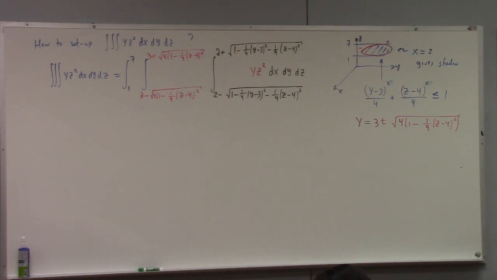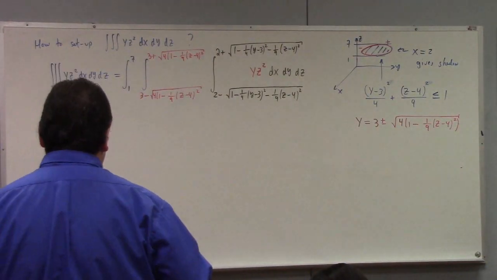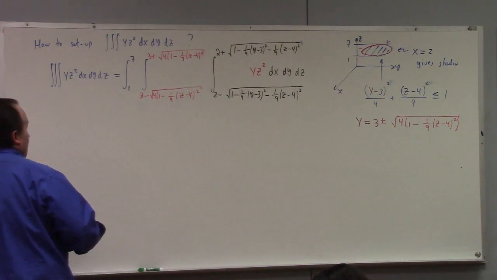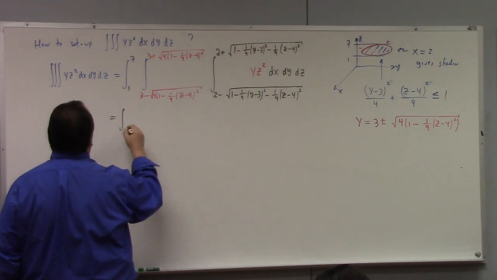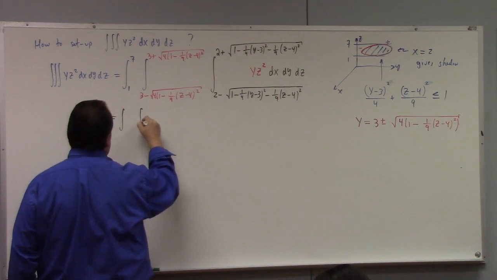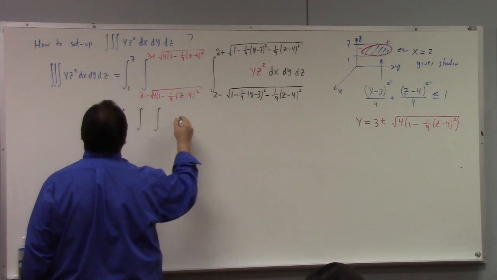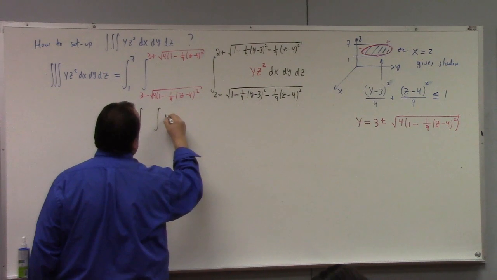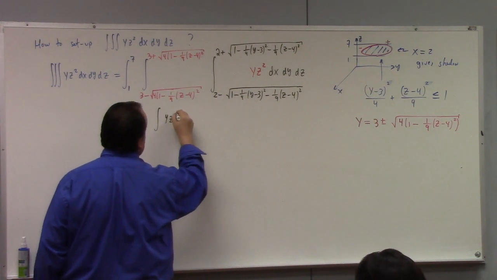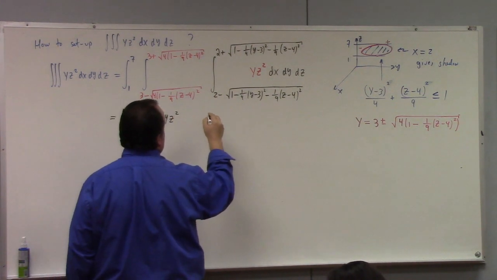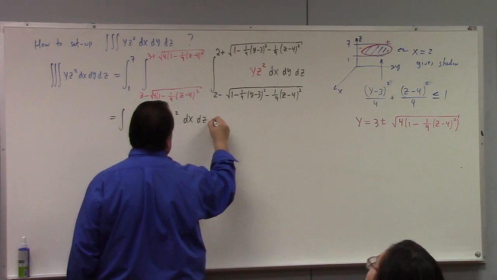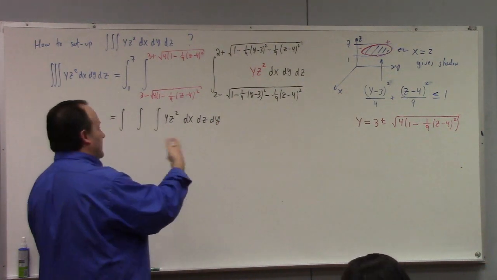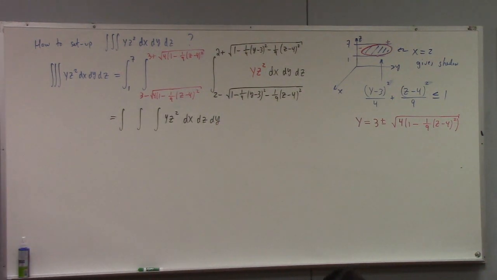Can you guys tell me how would you, if I flip the bounds, let me not write it all out, but what if I still had the integral of y z squared dx dz dy. How would the story change if I was doing it that way?